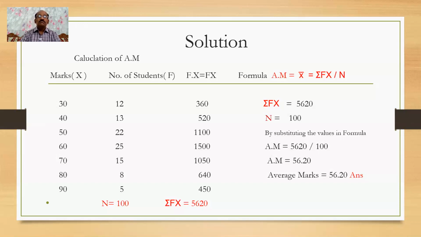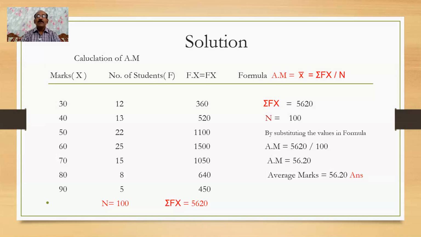What I told in the steps, first you have to calculate the fx values. fx values means 360, 520, 1100, 1500, 1050, 640 and 450. In the formula, what we need, sigma fx is needed.